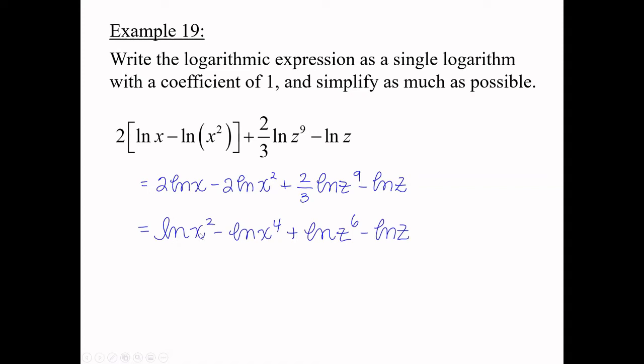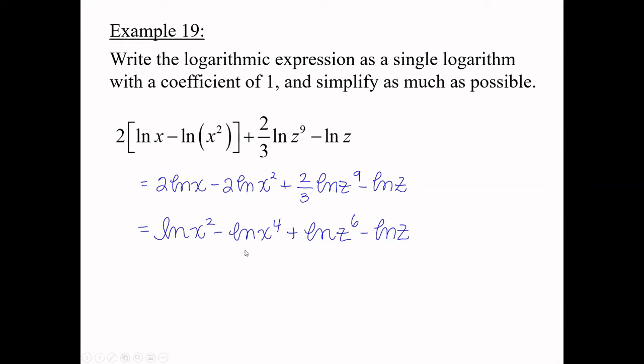So we have natural log x squared here minus natural log x fourth. We also took 2/3 times 9, getting 6 for the power here. And of course, there was nothing in front of this one.